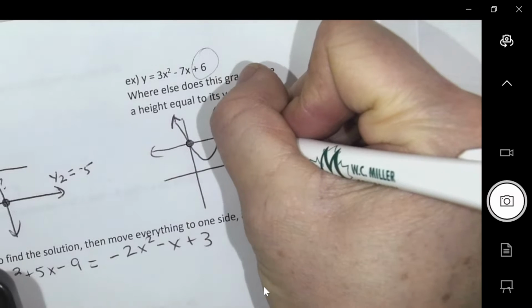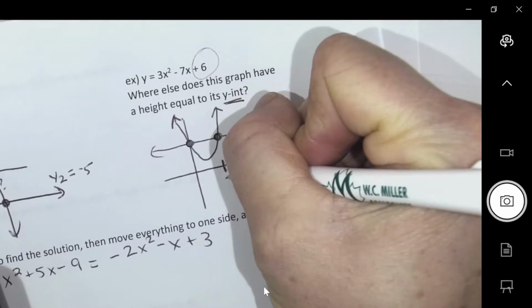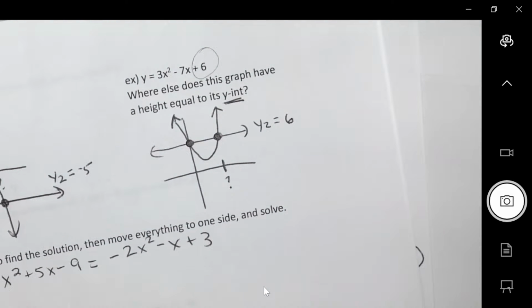So where else? So I'm looking for that value.